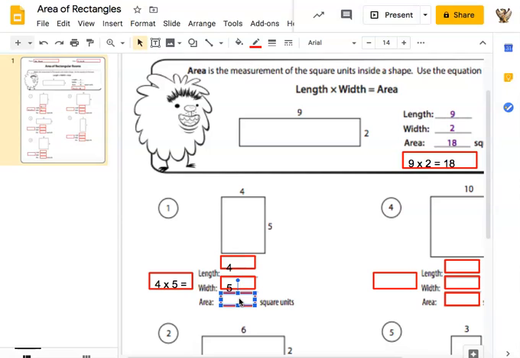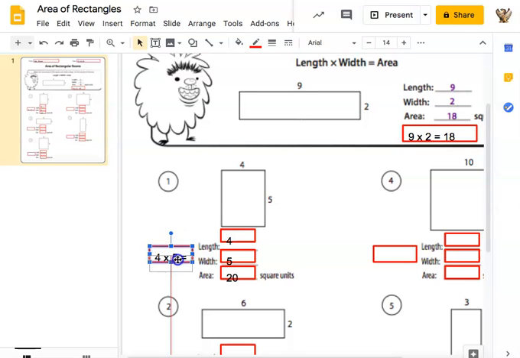So 4 times 5 is 20. Just like that. And I think actually to make it more clear, I'm going to put this right here. That way it kind of goes with the answer. 4 times 5 equals the area, which is 20. So I'll move all these squares down a little bit.